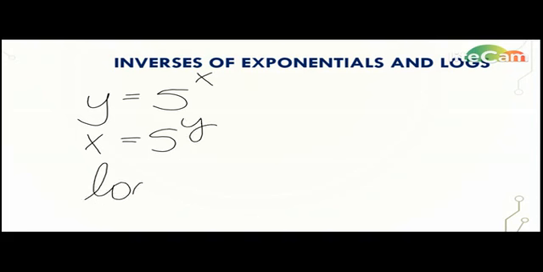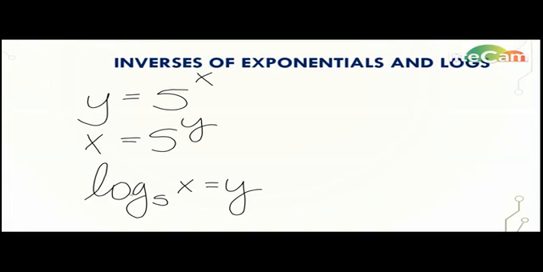So here's another example. I have y equals 5 to the x as my exponential. I want to find the inverse of that, so I'm going to switch the x and the y. And honestly, some people will forget to do the switch, and then they'll want to do it later. I always say do the switch first. So we're going to switch x and y, and then we're going to change this to a logarithm because I want the y out.